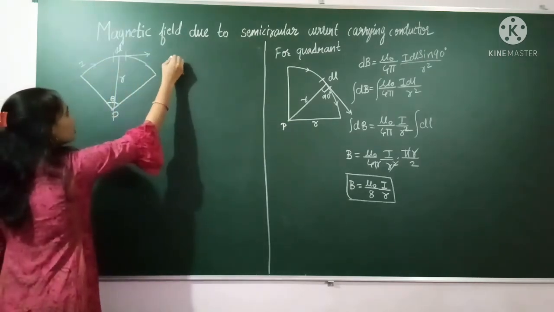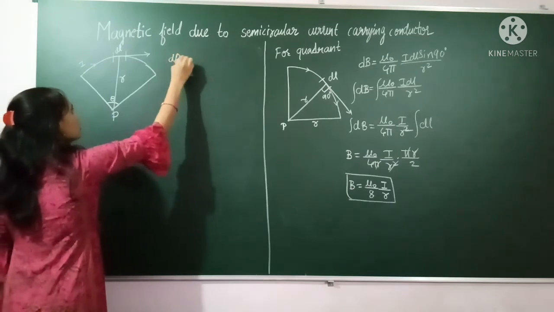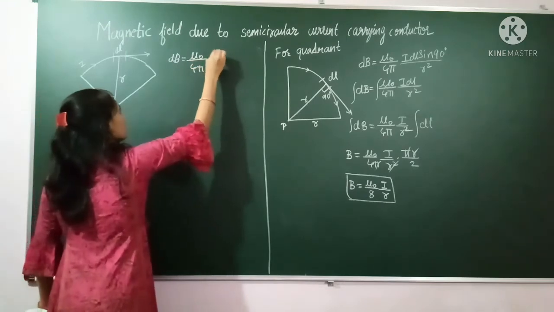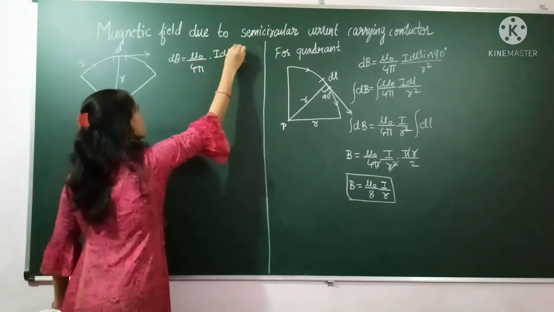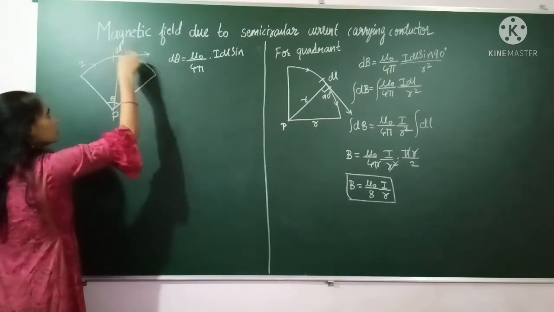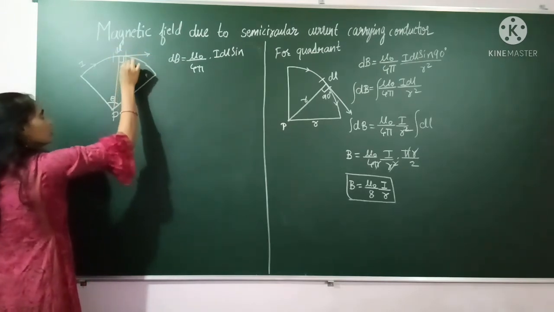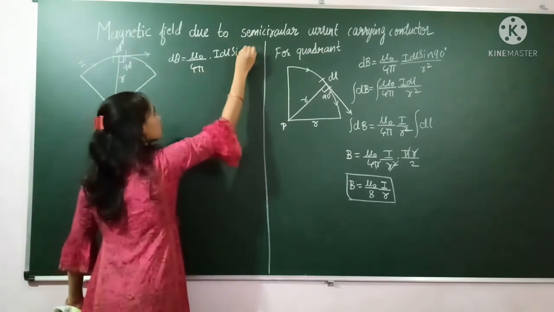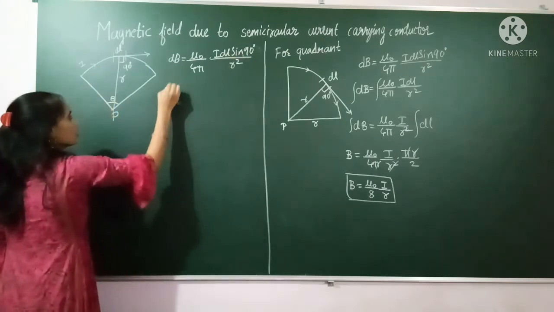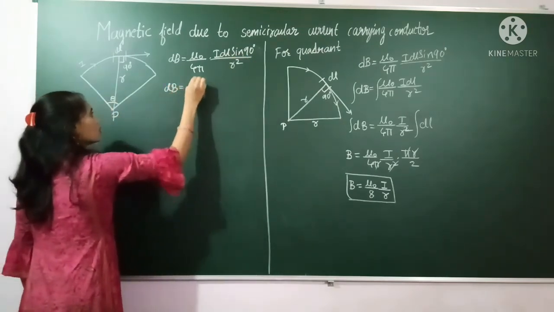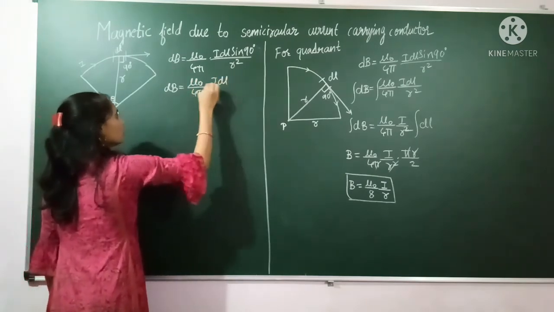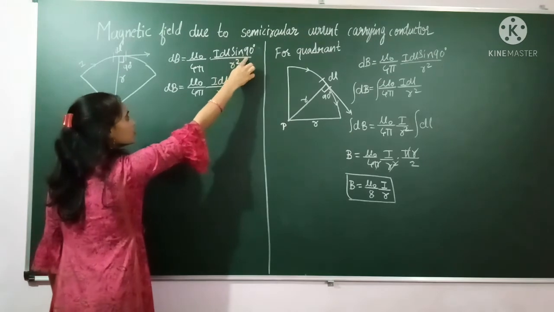Now we will apply the Biot-Savart law, that is dB is equal to mu naught divided by 4 pi, I into dl sine theta divided by r square. Again the angle will be 90 degrees because dl is tangent to this arc. So dB can be written as mu naught divided by 4 pi, I into dl divided by r square, because sin 90 is 1.